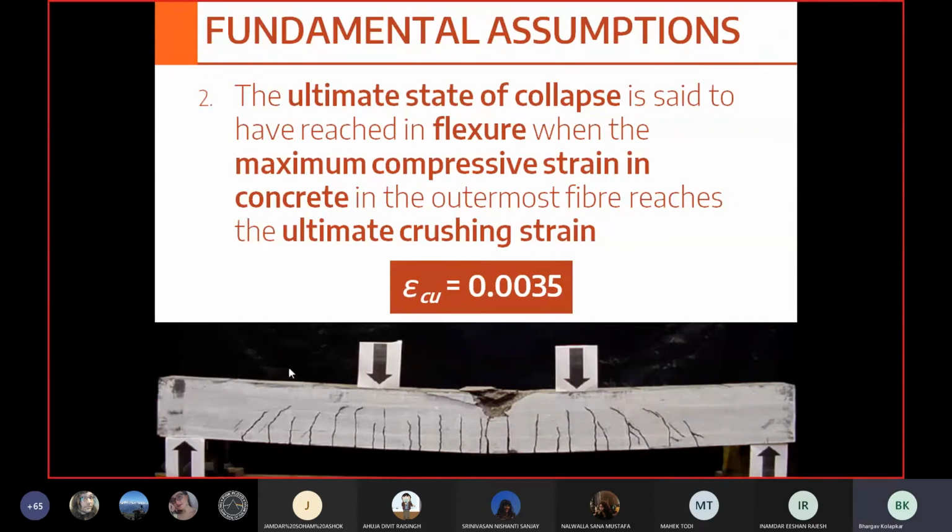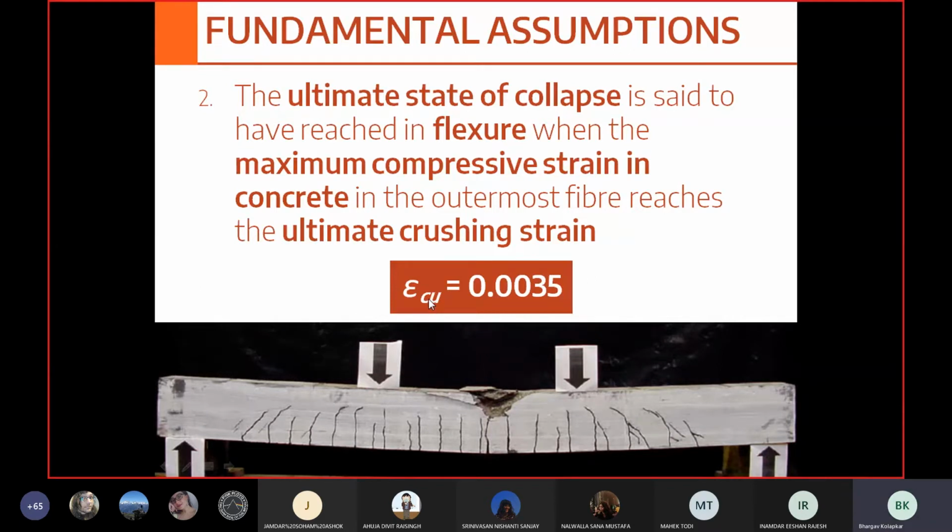Okay, so put it in words. The ultimate state of collapse, or the ultimate limit state of collapse, is said to have been reached in flexure when the maximum compressive strain in the concrete in the outermost fiber reaches the ultimate crushing strain, which is 0.0035. The way it is denoted is epsilon cu. Epsilon stands for strain, c for concrete, and u for ultimate.